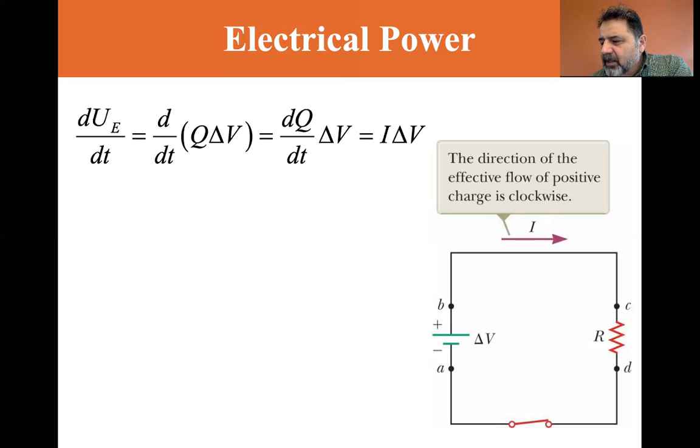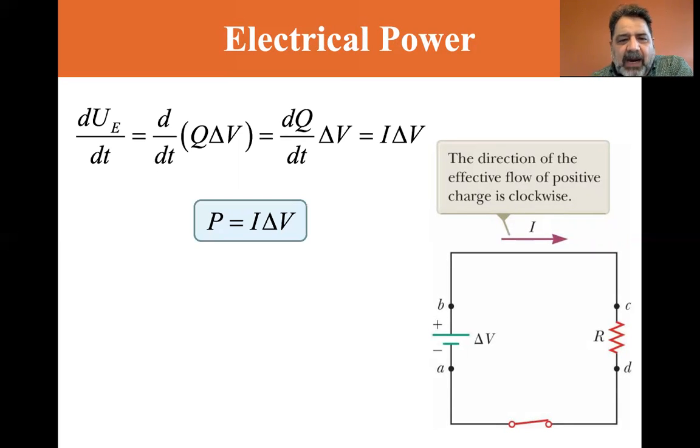So power is the rate of change of electrical energy. So power is equal to the current times the change in potential, delta V, the voltage. So power equals I delta V.